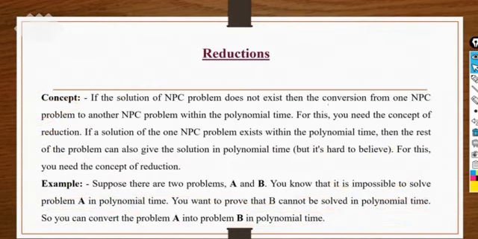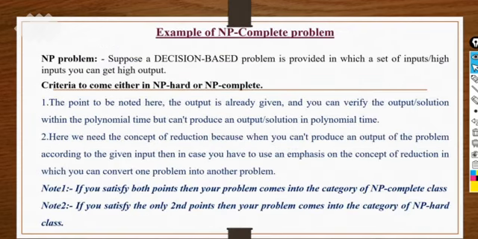So next we have reduction. Of course you can reduce it. If you have an NPC problem, then you can reduce it. We have already discussed this, no need to spend time on it. For an NP problem example, you can see the satisfiability problem.